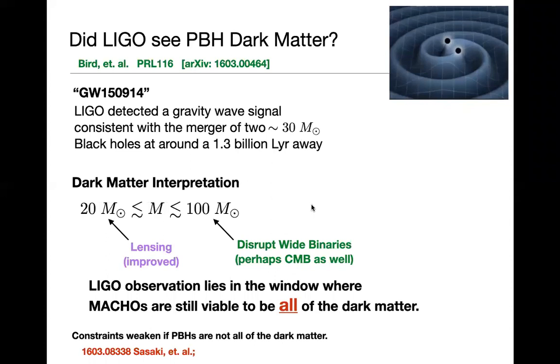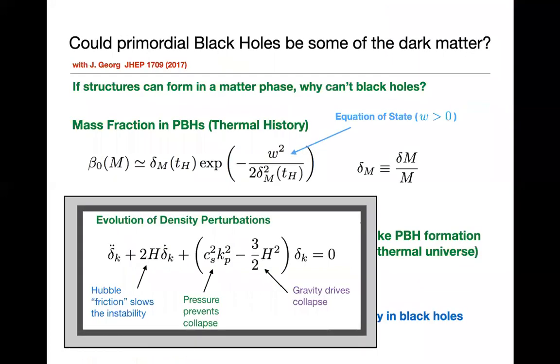And let me make this short. The point is, if you have this matter phase, whether it's from inflaton not decaying fast enough, these moduli fields or additional fields that are driving the energy density, during this time you can form black holes.